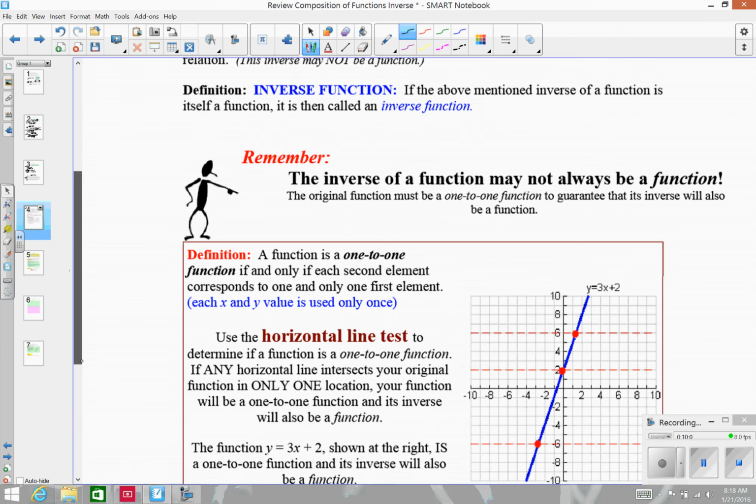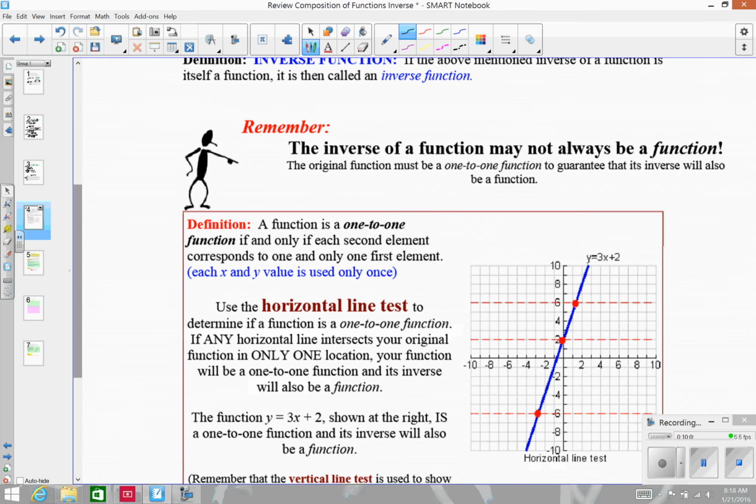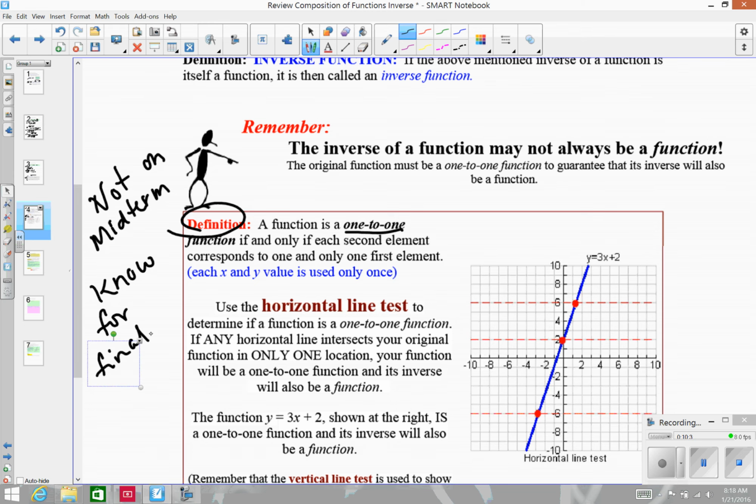We are going to come down and look at our definition down here. Definition of one-to-one function. Just so you know, this was not going to be covered on the midterm, but it will be on the final exam, so you still will need to know it for our final exam, and we will review this more in class before the final.